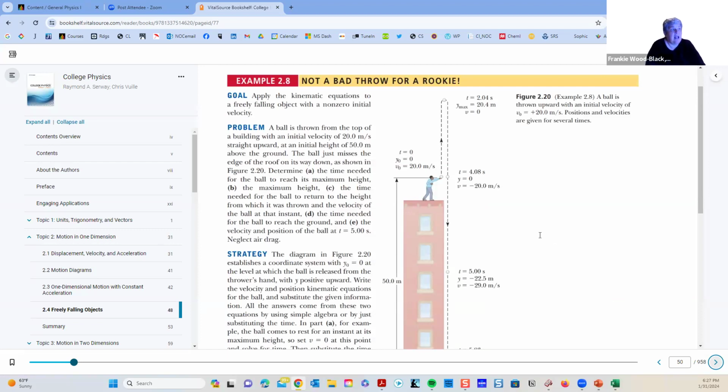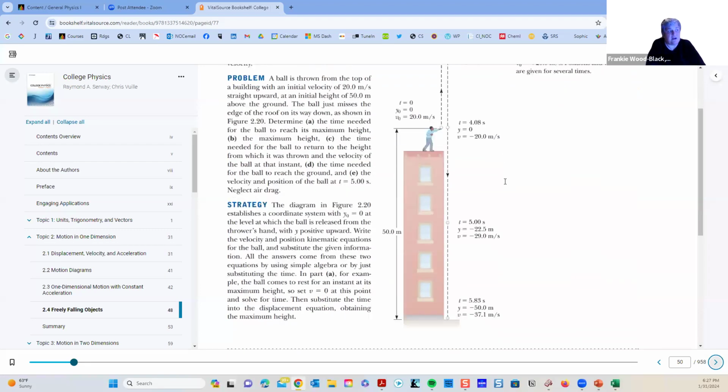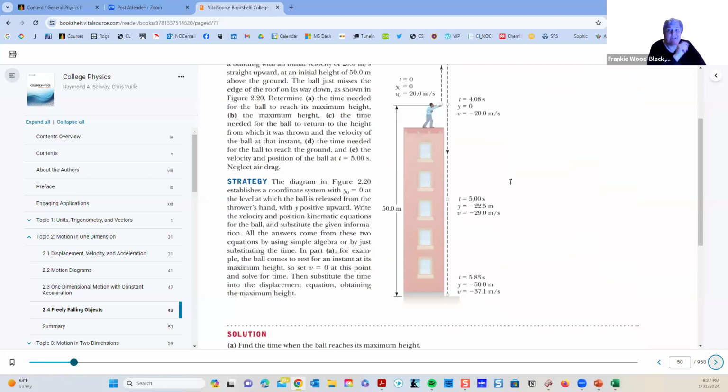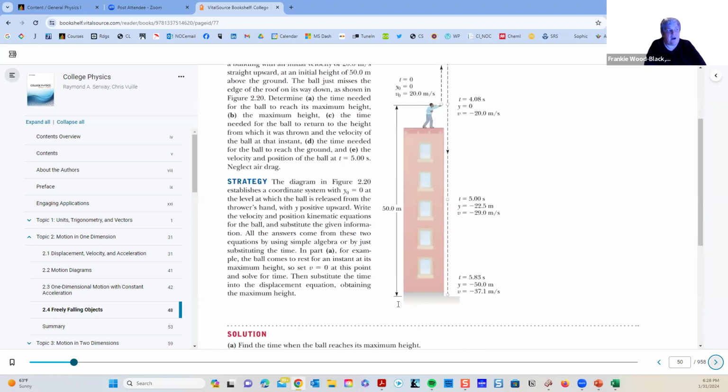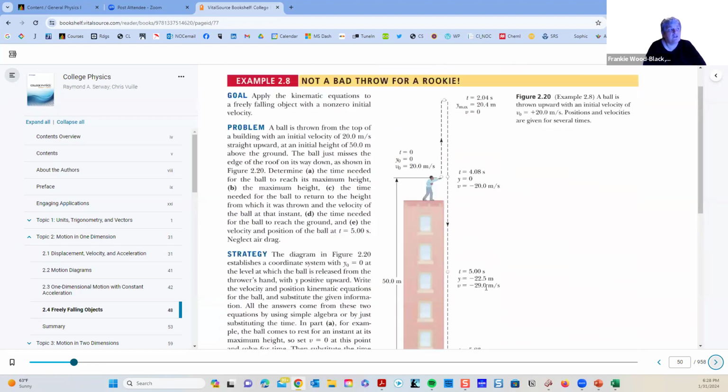Read through it, and it goes through the various parts. The critical thing is to make sure you understand what the question's asking. Just finding this distance is easy, but maybe you had to find the distance above the ground. Or maybe you need to find the time when the ball falls, how long does it take to hit the ground from that point? There are lots of interesting aspects to it.